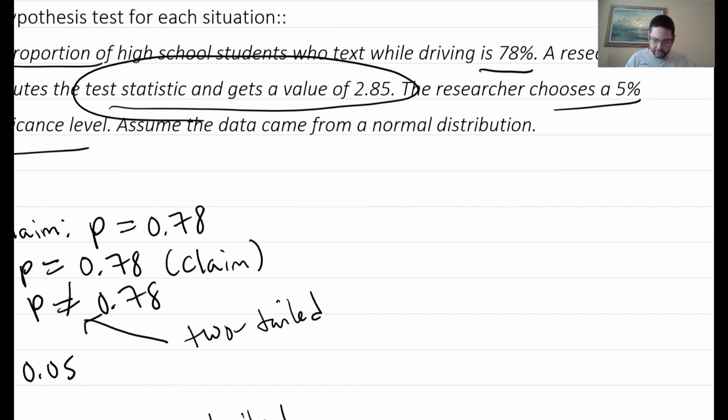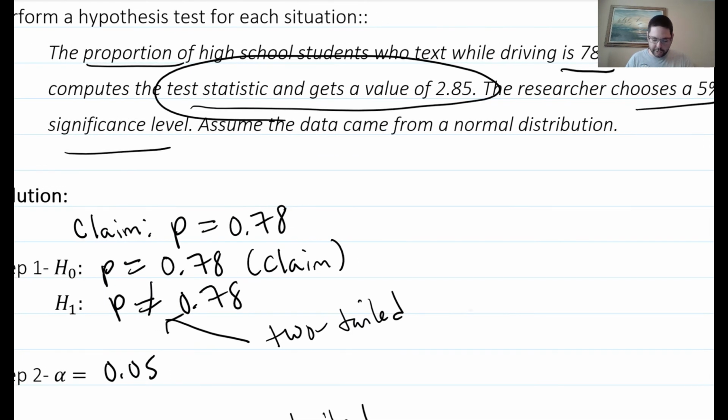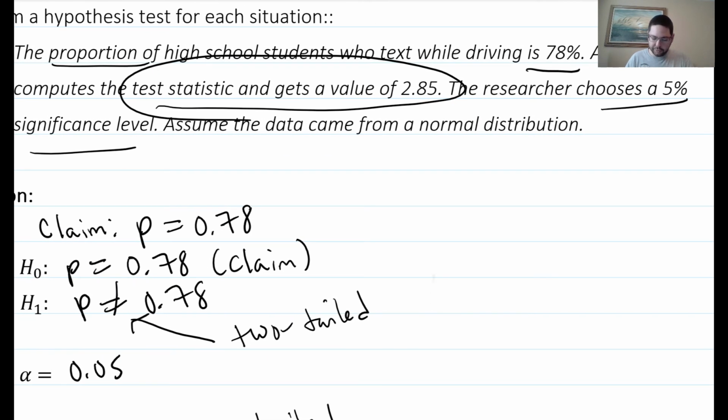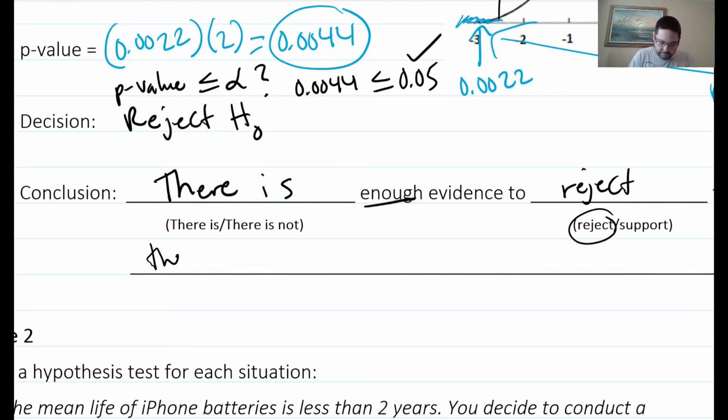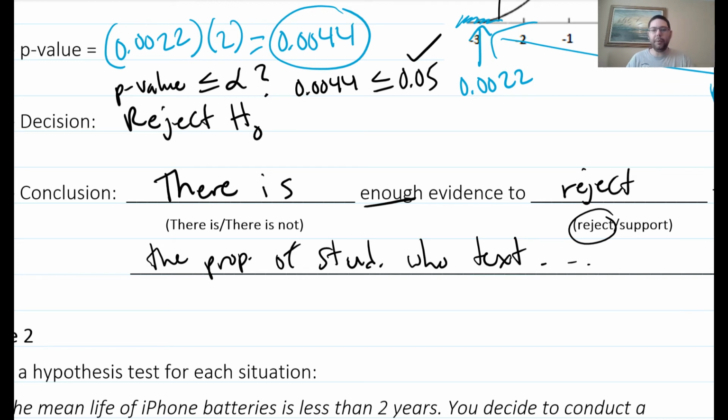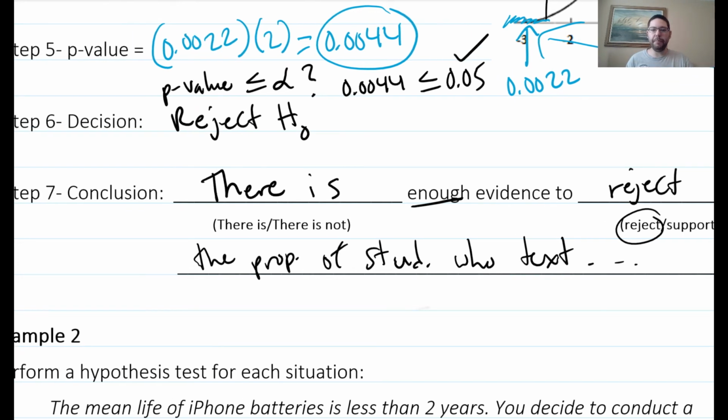The claim is the proportion of high school students who text while driving is 78%. I won't write the whole thing, but just write out that claim, just to save a little bit of time.